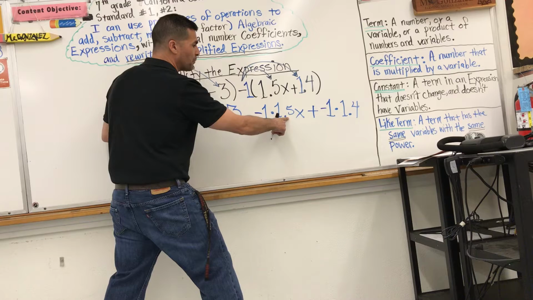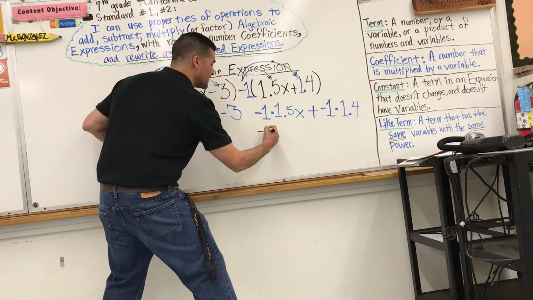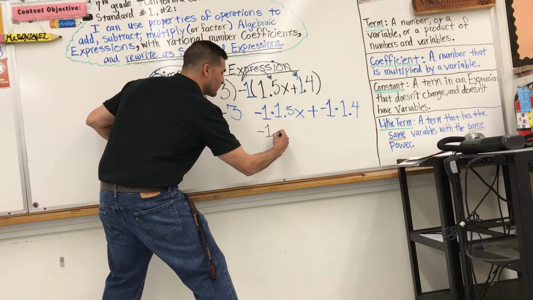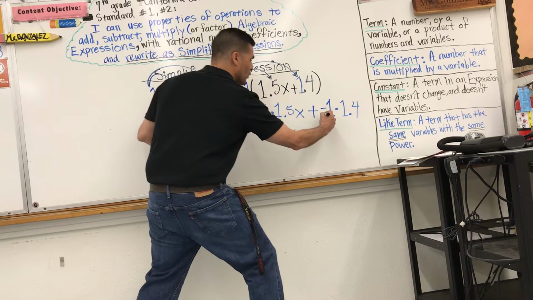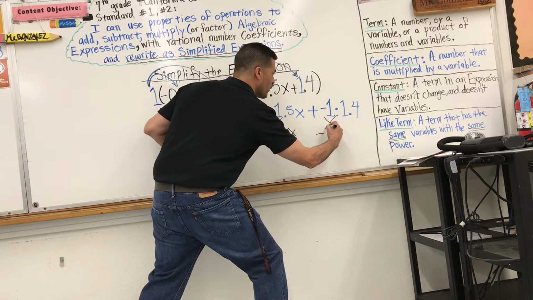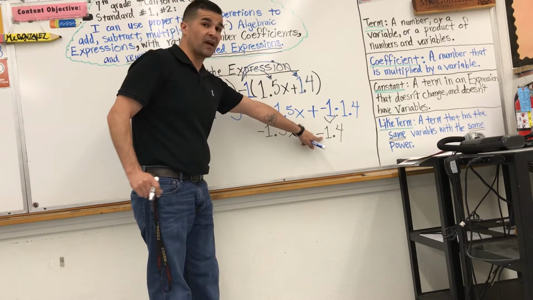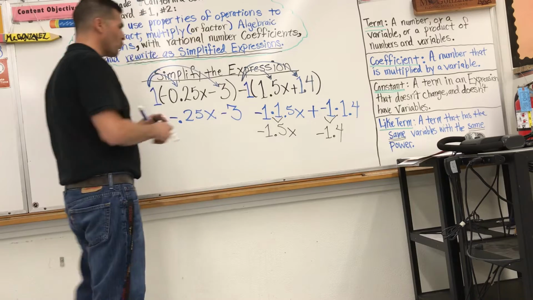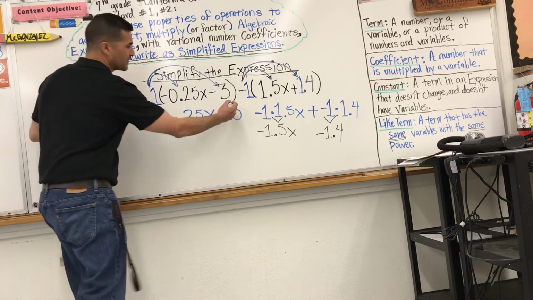A negative times a positive, if 1 is negative and 1 is positive, you always get a negative product. So that's going to be negative 1 and 5/10 x. This is going to go ahead right here and give you a negative 1 and 4/10. Now this term doesn't have any variable. So what term would it be like? Well, right now it would be like this term.